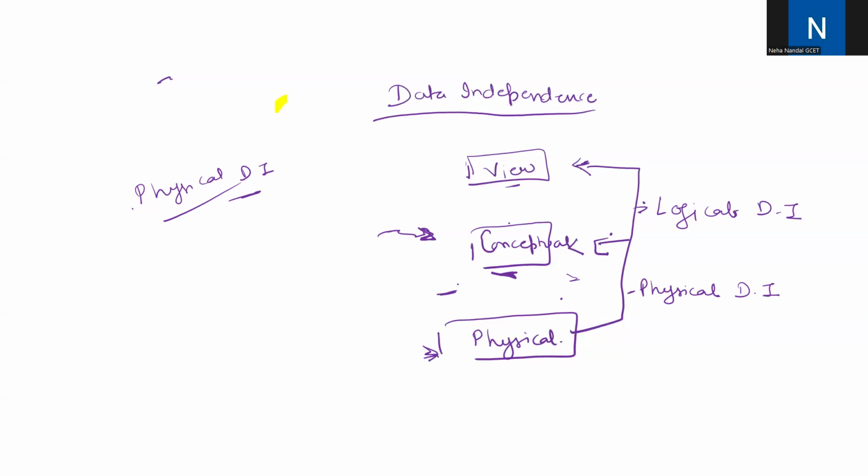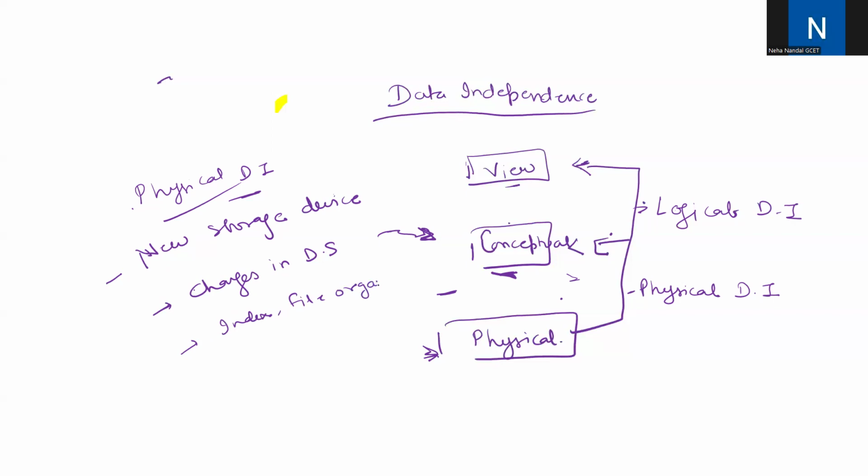What type of alterations can be done to the physical structure? They may include new storage devices, which is one modification that can happen. Another is making changes in the data structures for storage purposes. Next, making changes in the indexes, or utilizing other file organization systems like B plus trees or hashing, as I told you in the last class.